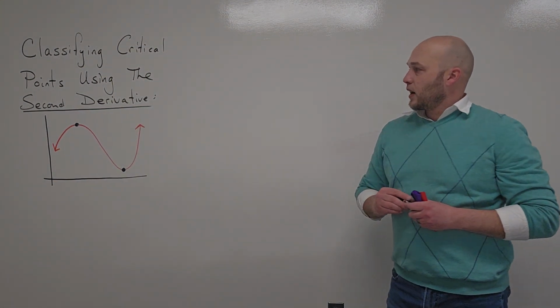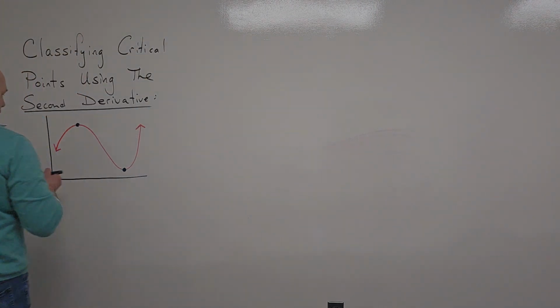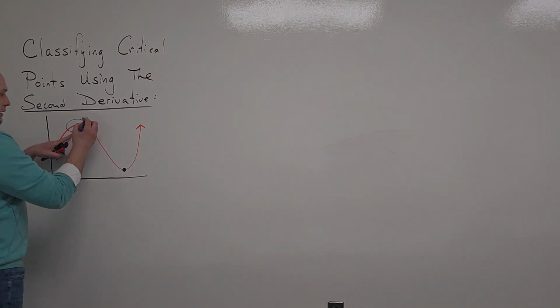Now, how I'm going to use the second derivative is the following. If you look at the graph of this curve to the left and the right of that point, so let's just highlight a small portion of that graph, we can see that this is concave down.